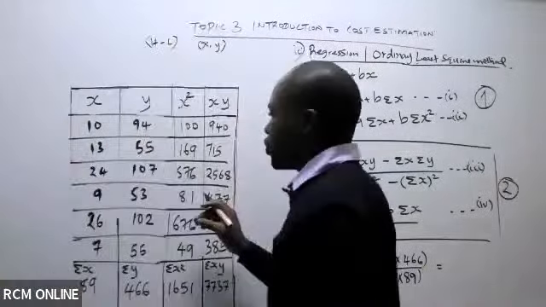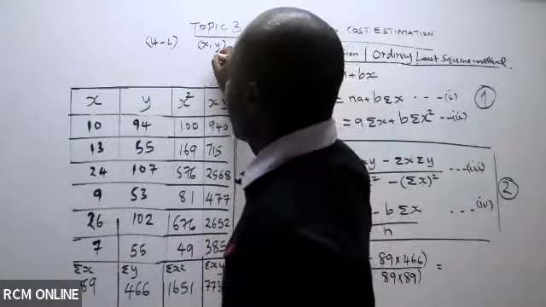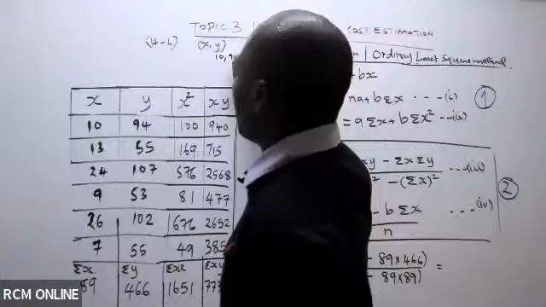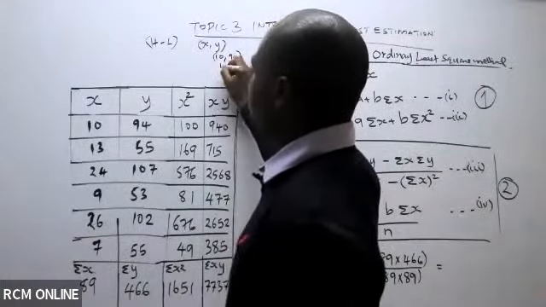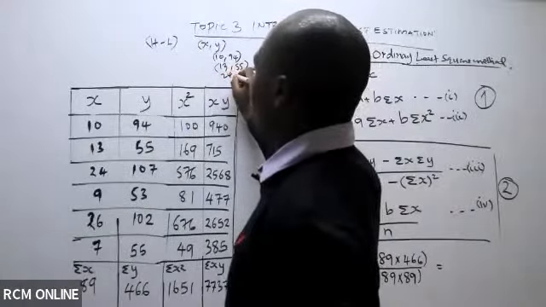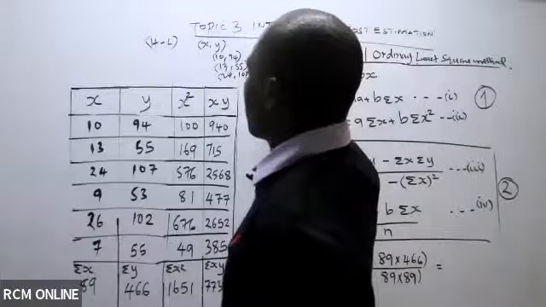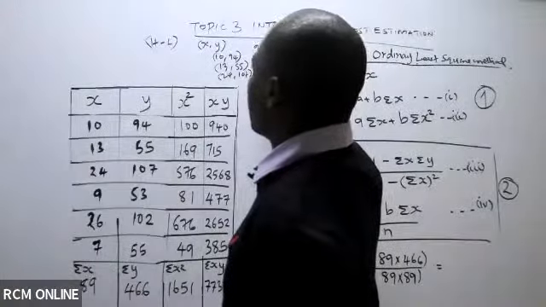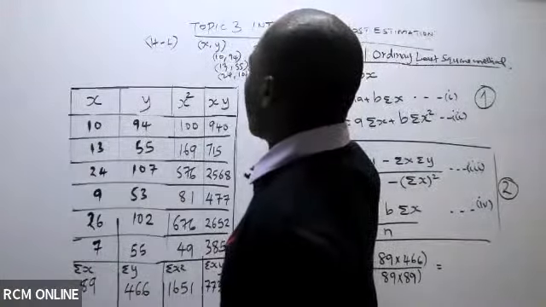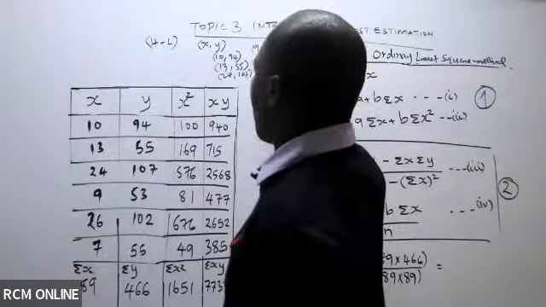The first X, comma, Y is 10, comma, 94. That is 1. The next one, 13, comma, 55. That is 2. Then 24, comma, 107. The next one, 9, comma, 53. 26, comma, 102. The next coordinate, 7, comma, 55.